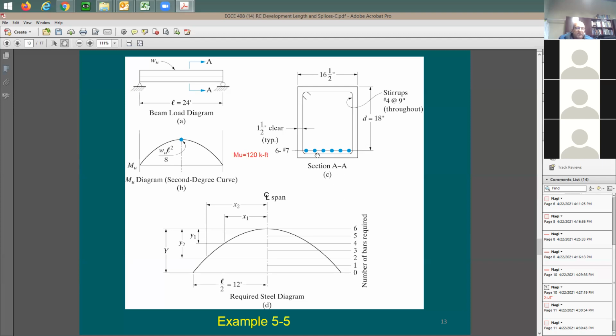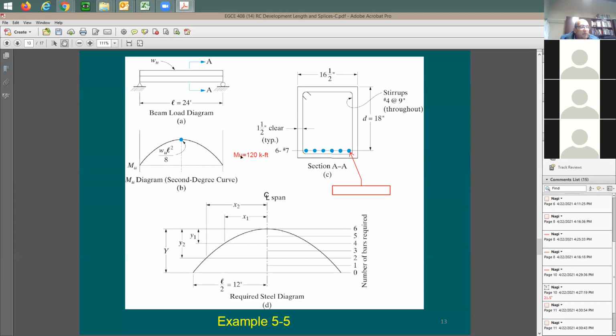How much do you think each of these rebars is providing in terms of this Mu? Any idea? Are you guys following me? Can you repeat it one more time, please?